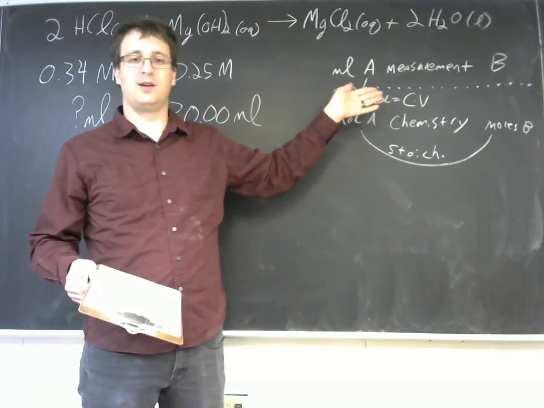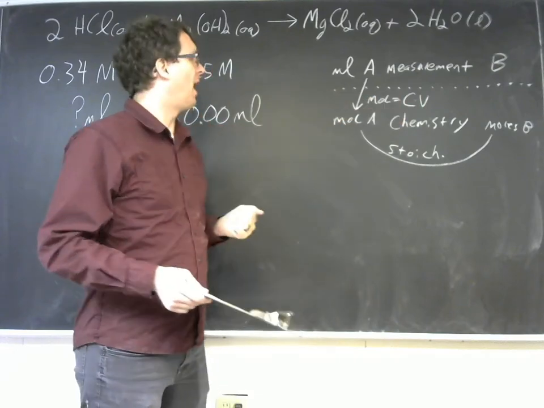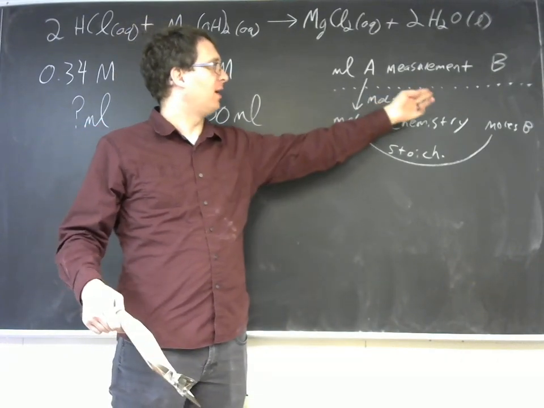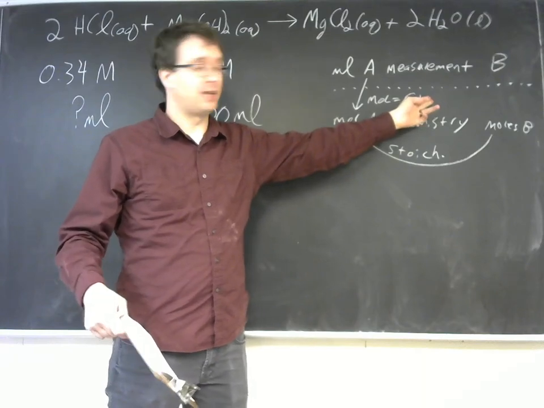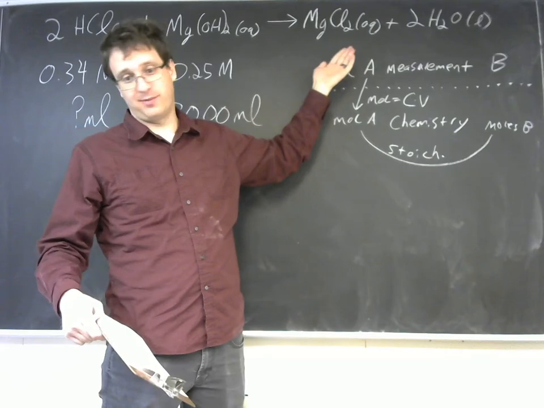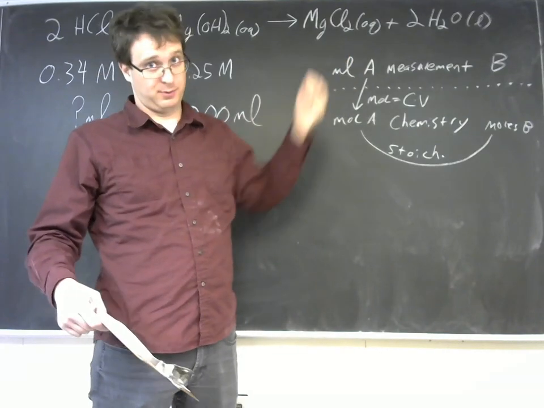Molar concentration is moles per liter. And so if I take moles per liter and multiply it by the volume in liters, that'll give me moles. Just like if I had grams of A and I divided by the molar mass in grams per mole, that would get me the moles.